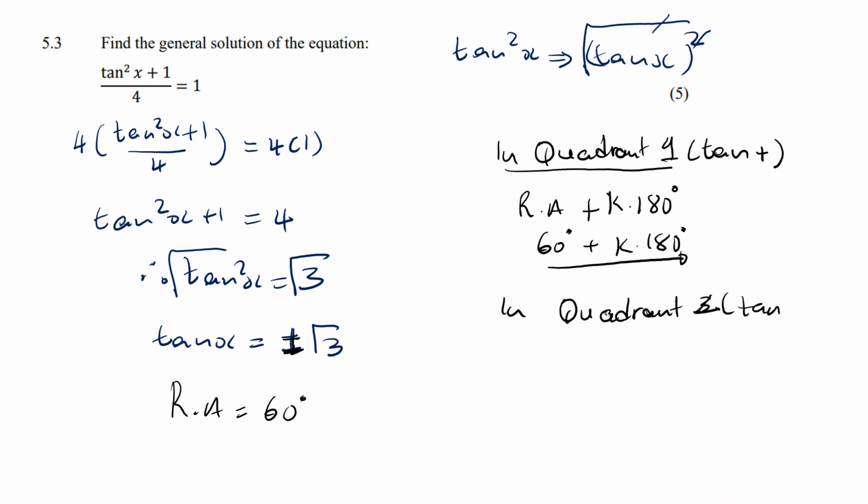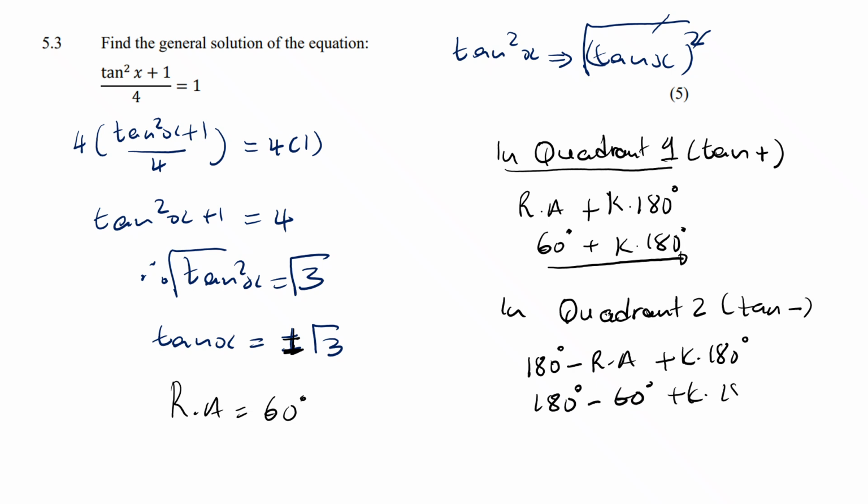First quadrant, tan is positive; quadrant 2, tan is negative. Then in quadrant 2, you take 180 degrees, subtract your reference angle, then add k times 180 degrees, where k must be an element of the real numbers. So this will be 180 minus your reference angle plus k times 180.